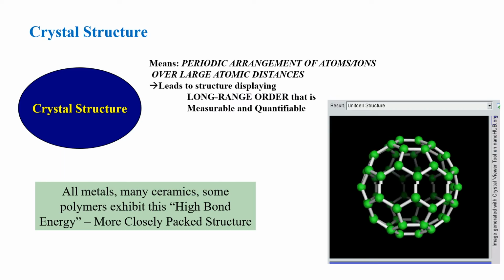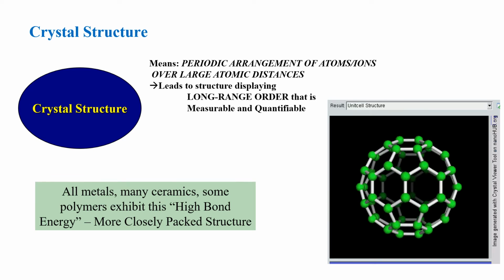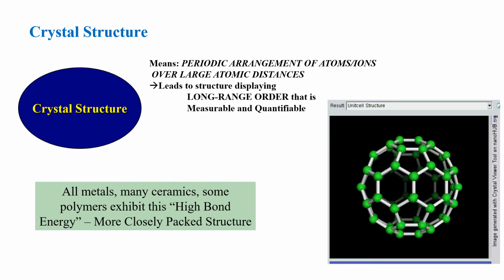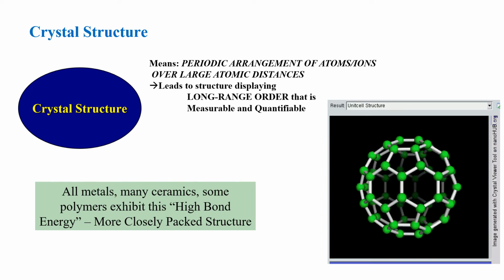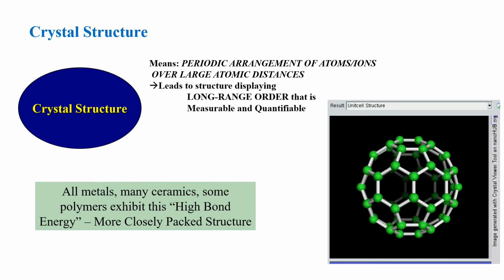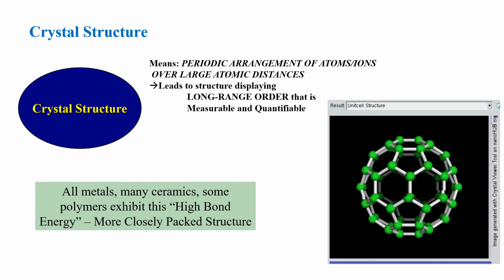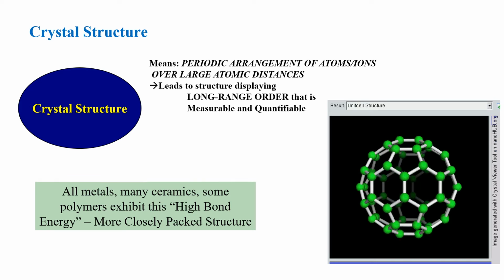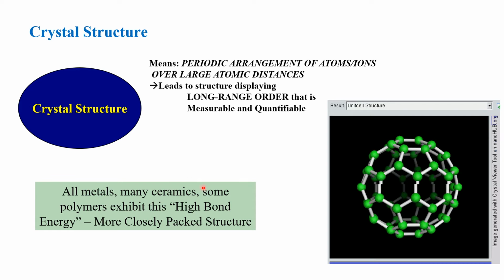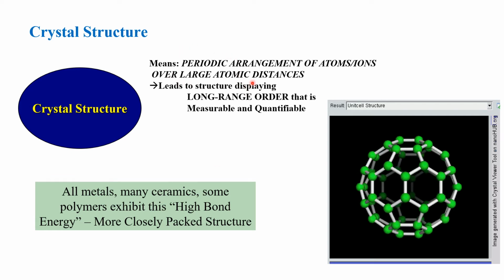Now, when we say crystalline solids, they basically have a crystal structure. And when we say crystal structure, this means a periodic arrangement of atoms or ions over large atomic distances. Just take note of this keyword, periodic arrangement.